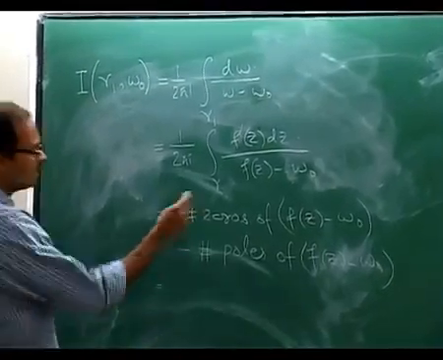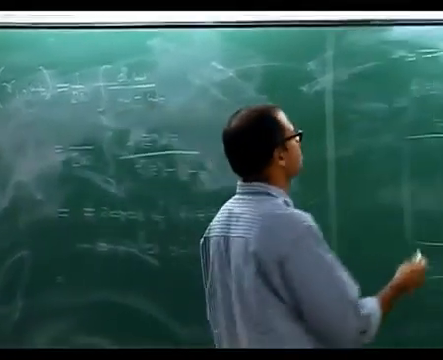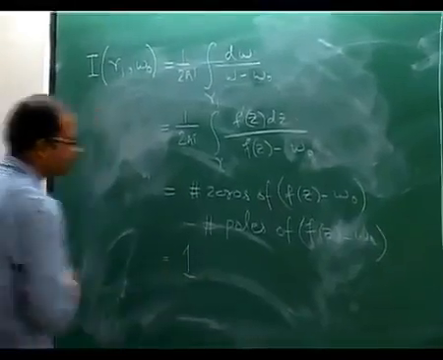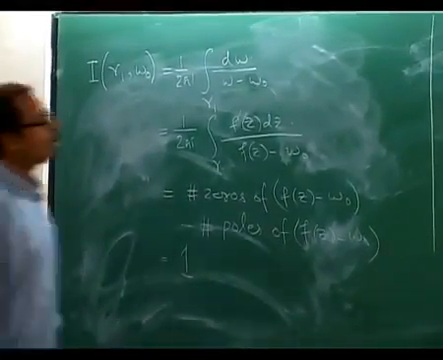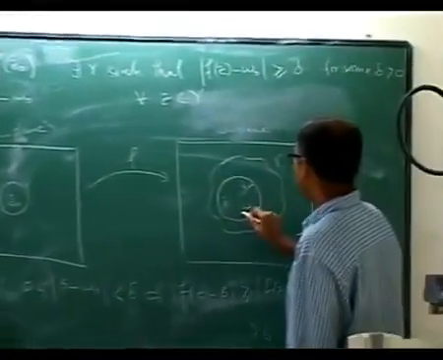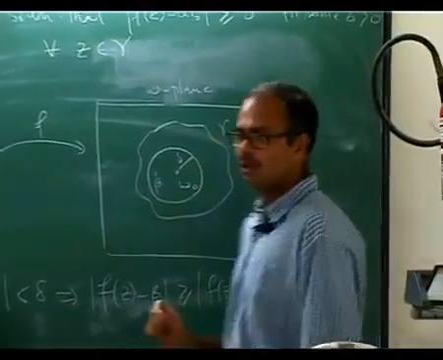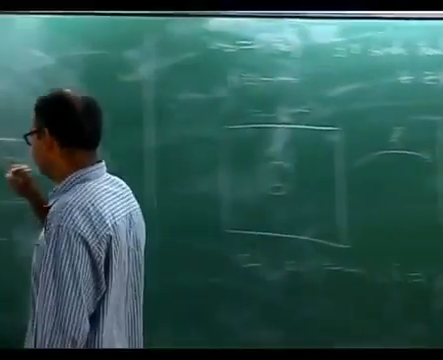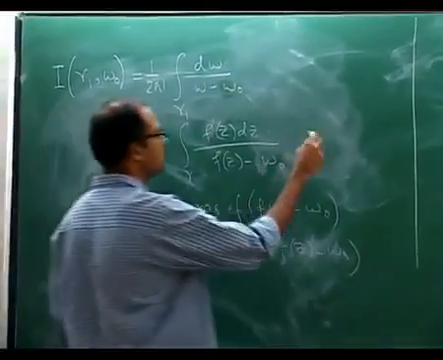The number of zeros is only 1, by construction. So the winding number of this image curve at w naught is 1, and for this we used the argument principle.